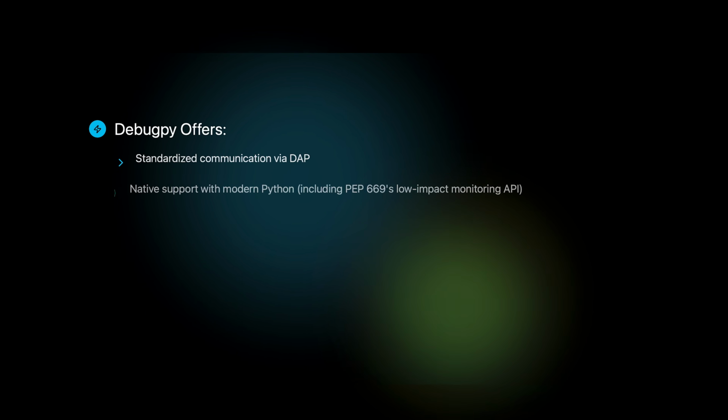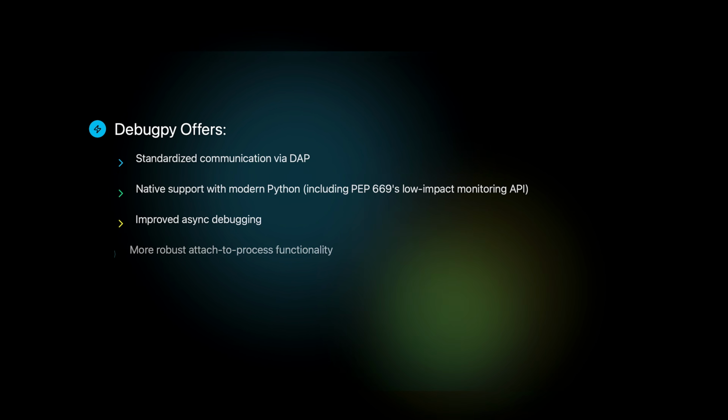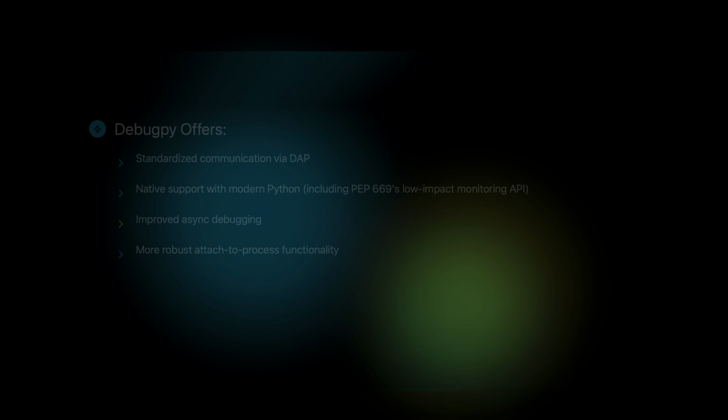Debugging in PyCharm is entering a new era. We invite you to explore modern debugging with debugpy, Microsoft's open source debugger built on the industry standard Debug Adapter Protocol. And don't forget to share your feedback. debugpy offers standardized communication via DAP, native support with modern Python, including PEP 669's low-impact monitoring API, improved async debugging, and a more robust attach-to-process.